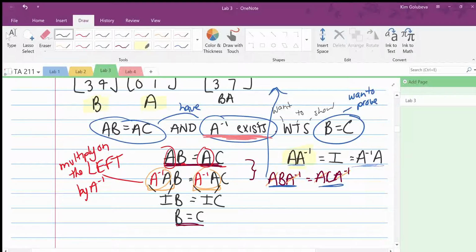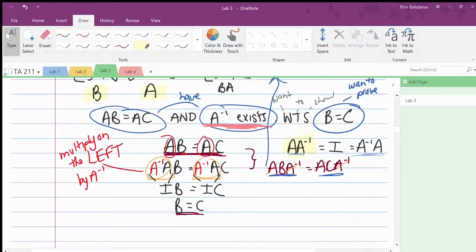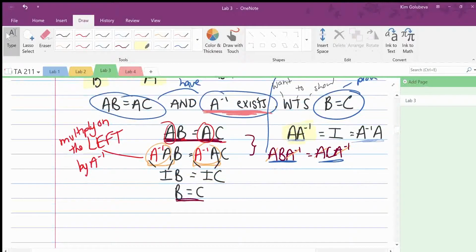And we know that the identity matrix times anything is just that thing. It's like if we said 2 times 1, it would just equal 2, right? So it's essentially multiplying by 1. Then we can just leave it out and we end up with B equals C, which is what we wanted.